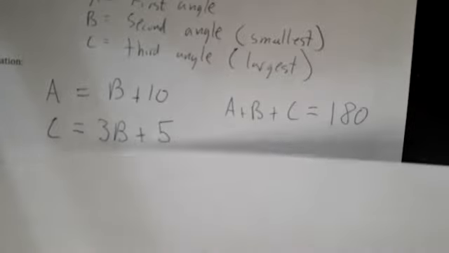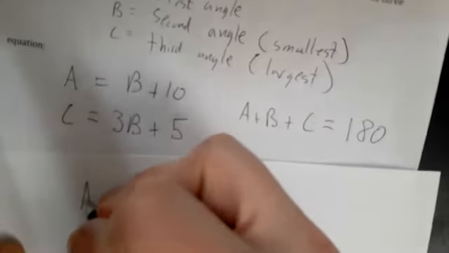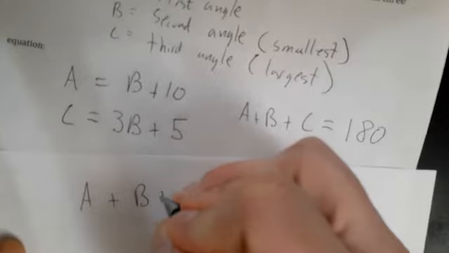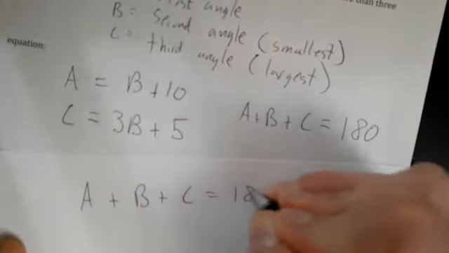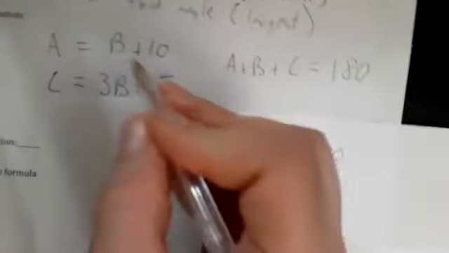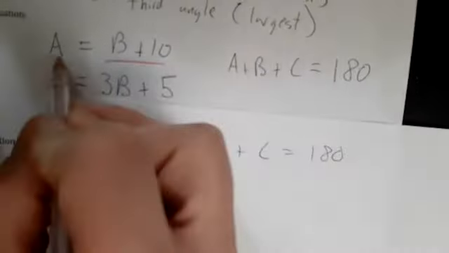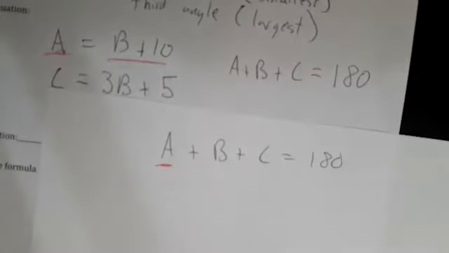Okay. So I think the approach that you probably want to do is start out with this formula. And if we start out with this formula, we can make some substitutions.